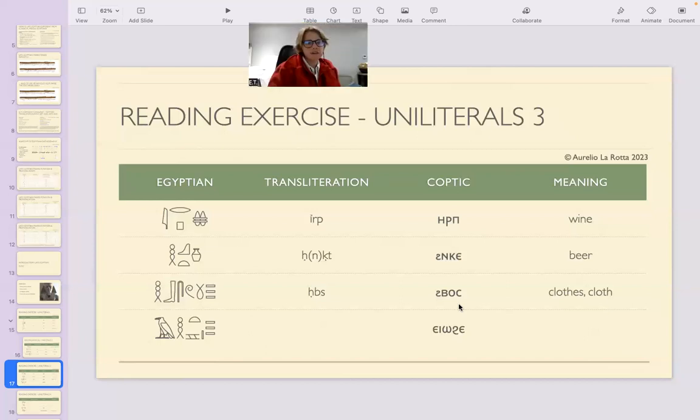I mean, B and V are related sounds in a lot of languages, so it's absolutely conceivable that it would have changed, or maybe dialect-wise it could have been different. It is definitely the case that earlier Egyptian B becomes this W/V type sound at some point, but whether it occurs earlier in Coptic than it does in Greek is perhaps a difficult call to make.